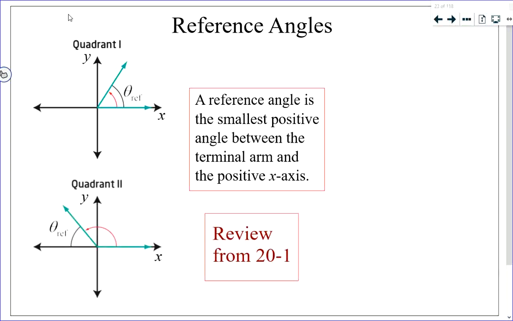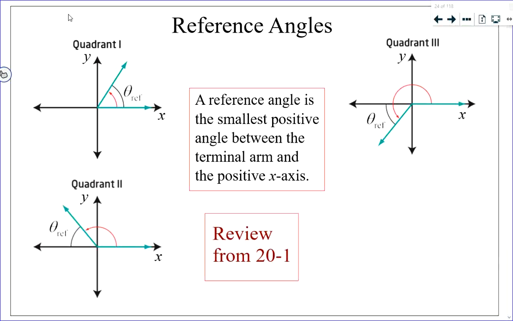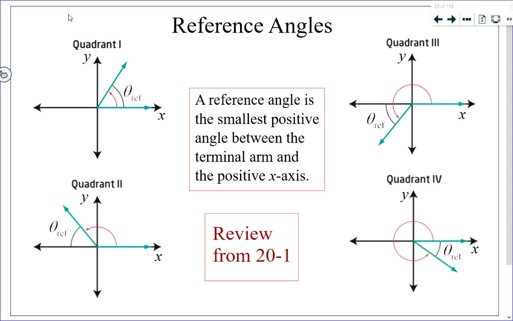If you have a terminal arm that's in quadrant 2, then the reference angle is indicated by that black arc. It's the smallest angle between the terminal arm and the x-axis, which in this case would be an angle down towards the x-axis. If you have an arm that terminates in quadrant 3, there's the reference angle indicated by the black arc, and in quadrant 4 there's the reference angle.